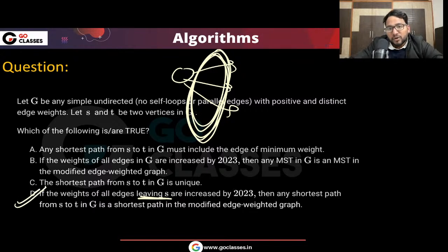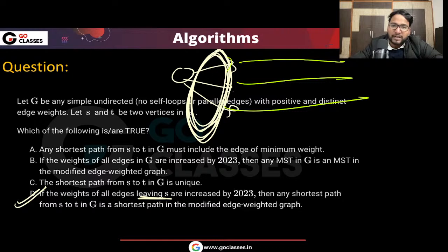If I'm increasing only the edges leaving S, then I'm actually increasing evenly on all the paths. Then this is okay. Then D is correct.